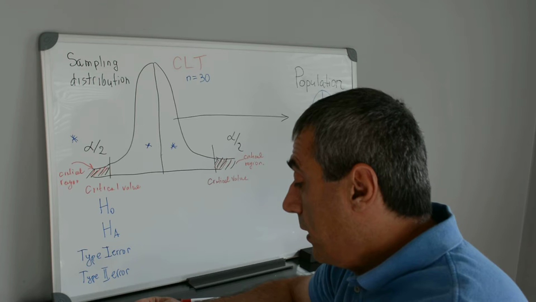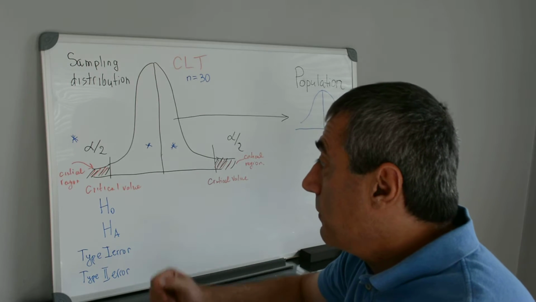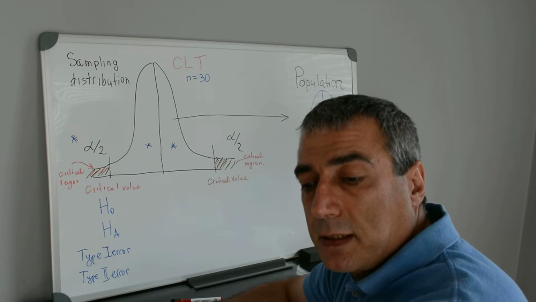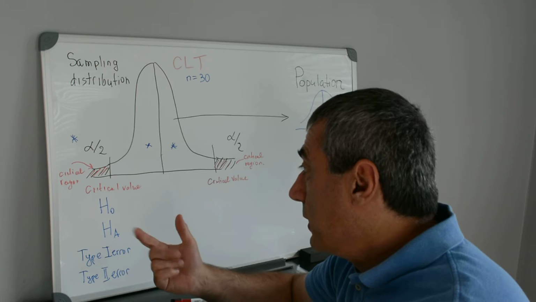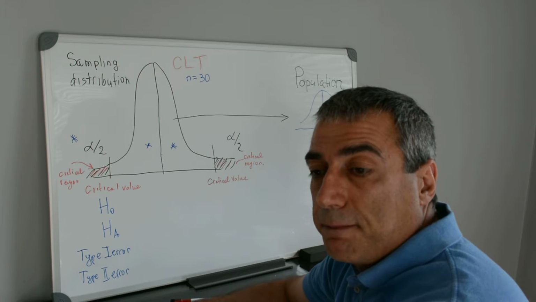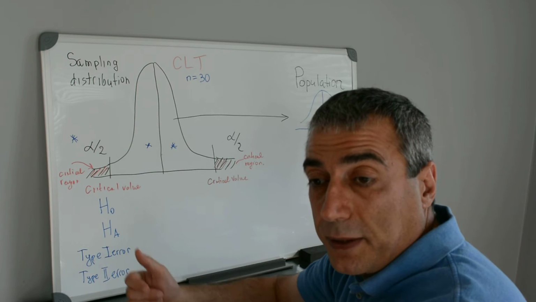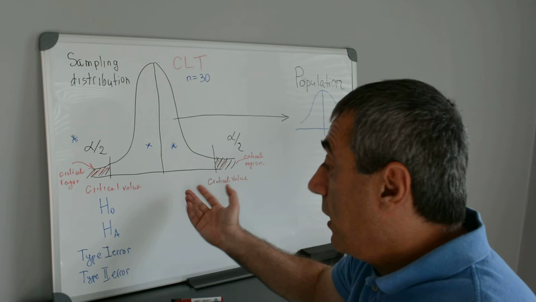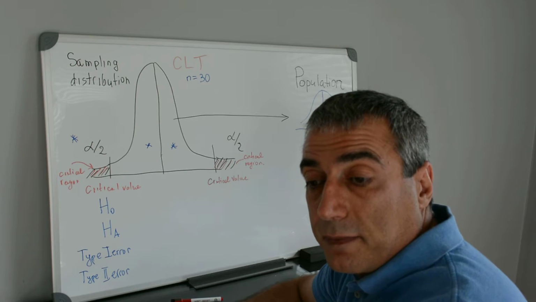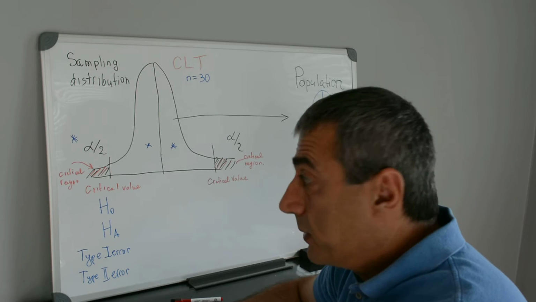Therefore, it becomes more evident that we have to select a certain value, which is called the critical value. If the sample statistic falls beyond that value, we reject the null hypothesis. If it falls within the critical value, we fail to reject the null hypothesis.